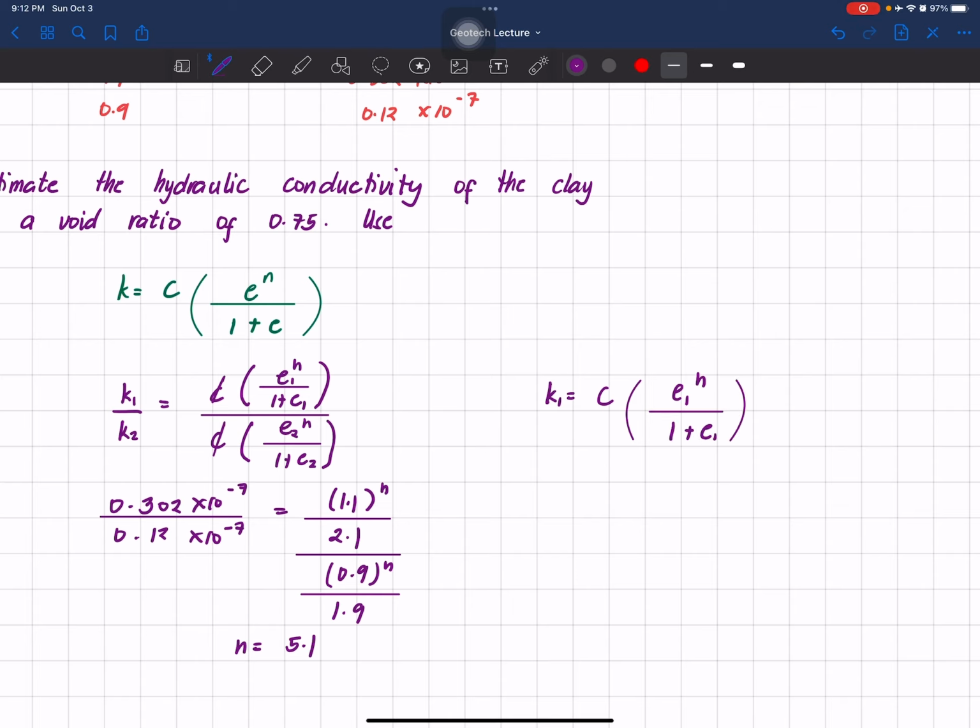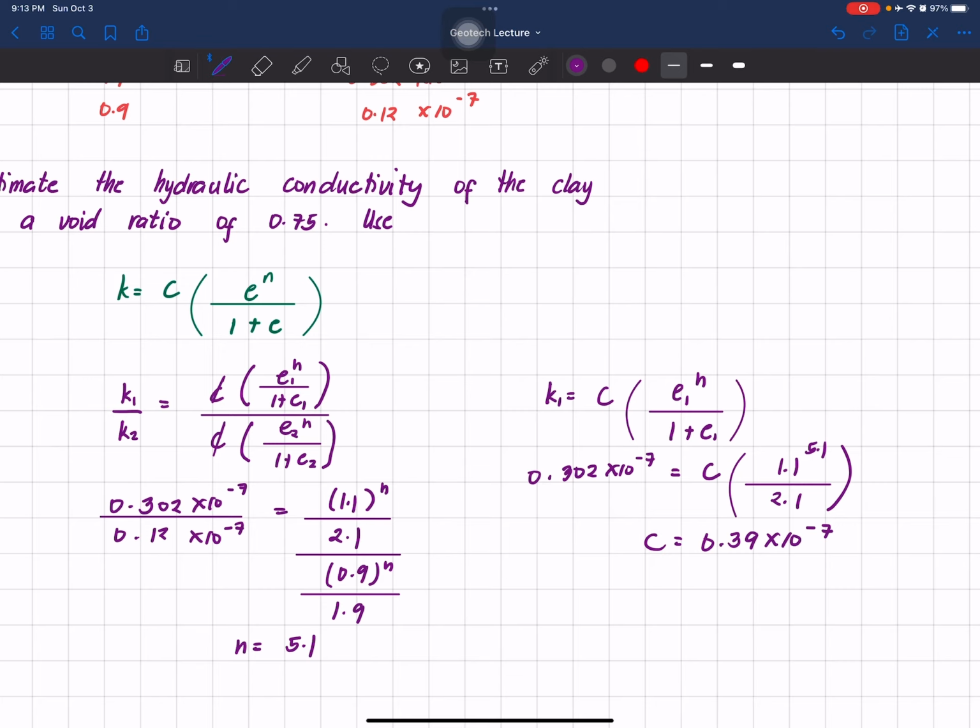Now, K1 mo is 0.302 times 10 to the negative 7, which is equal to C multiplied by E1 mo is 1.1 raised to 5.1 all over 2.1. Ayan. So, what is now the value of your C? So, as per the book, the value of the C is 0.39 times 10 to the negative 7. So, meron tayong value for C and value for N.